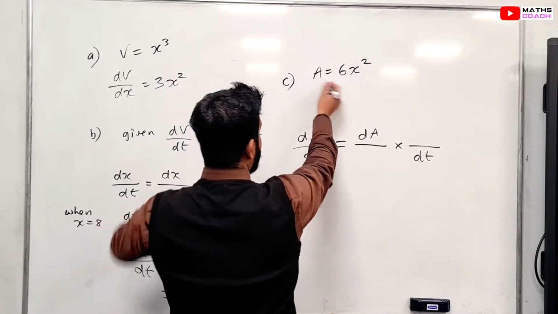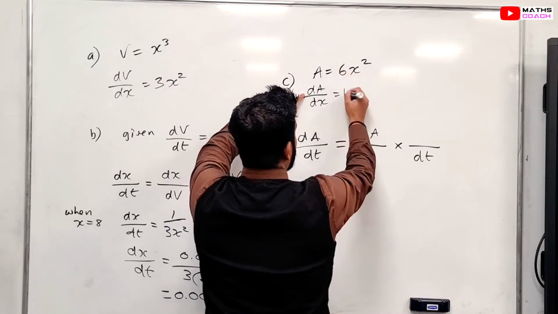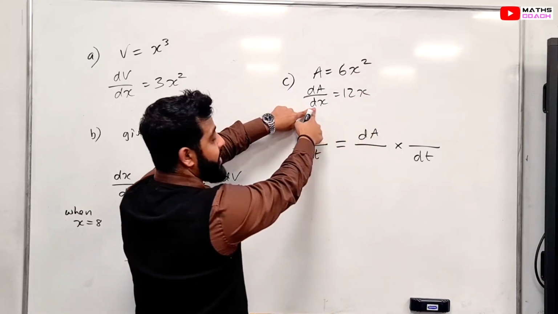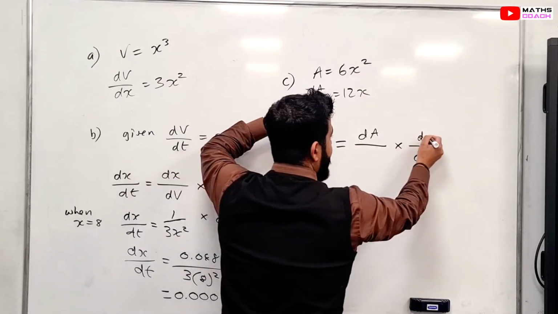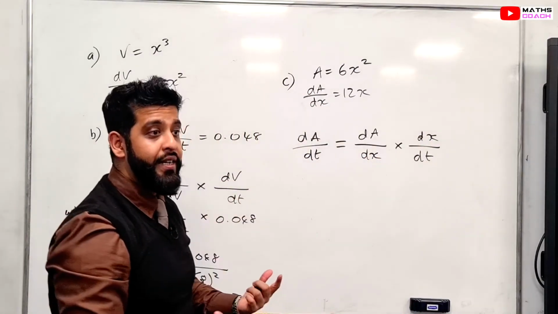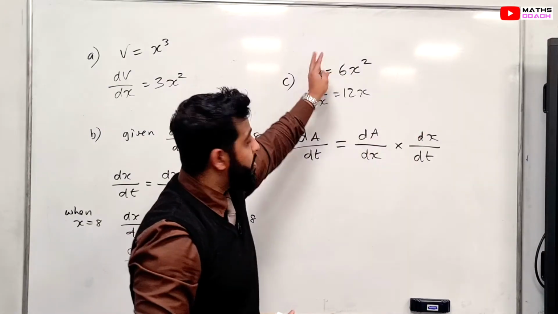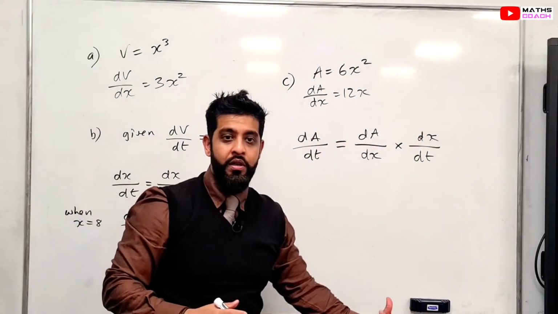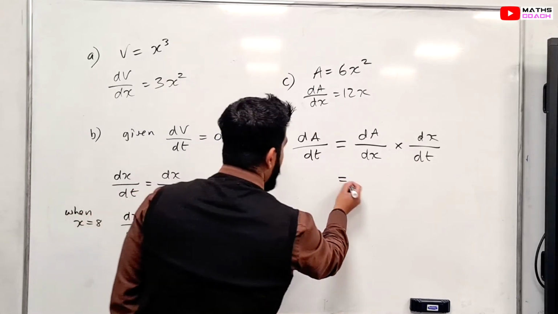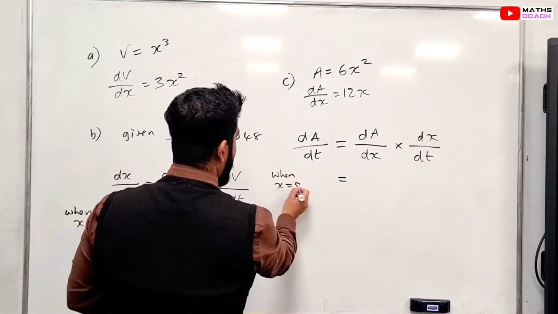So if we differentiate this, what do we get? dA over dx, which is 12x. So clearly x is now in the picture, so we're going to have dx here and dx there. And that's how we can decide. Sometimes you can just hold back, leave this blank, and work on other things and see what comes out. So this is all happening when x is equal to 8, as the question says.